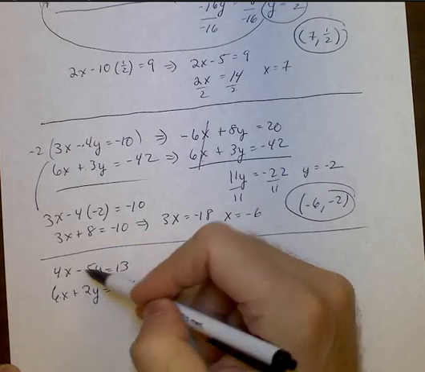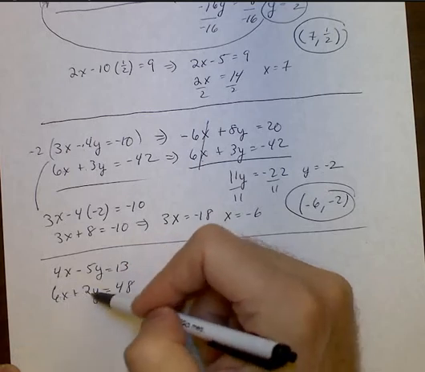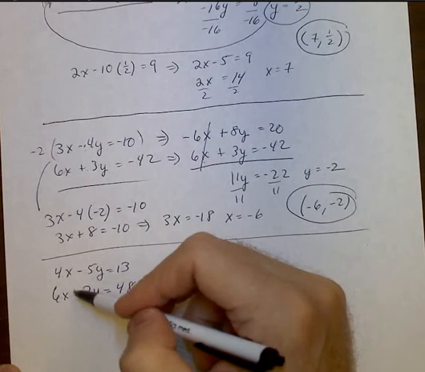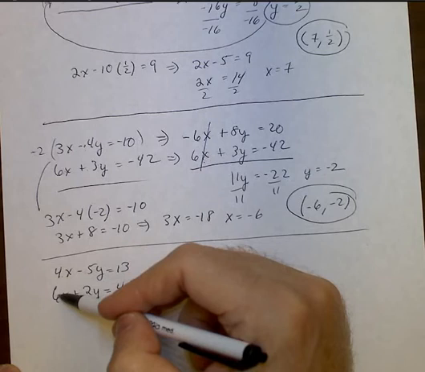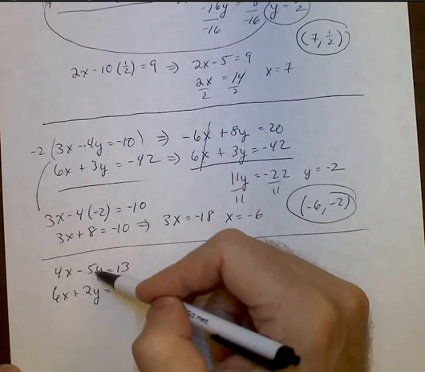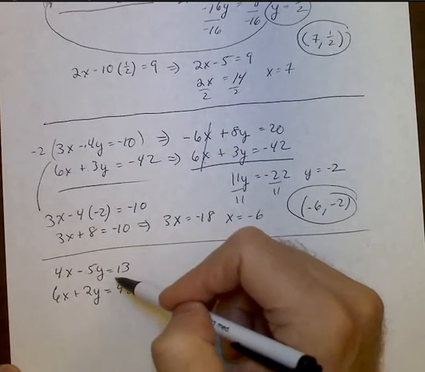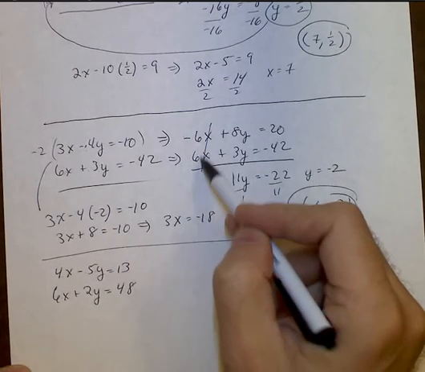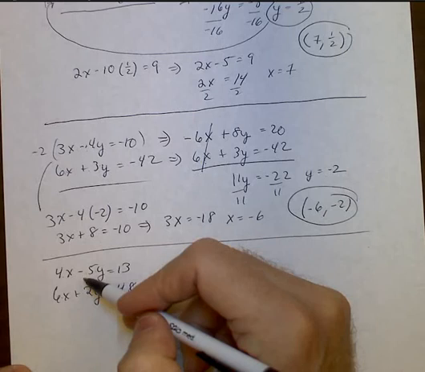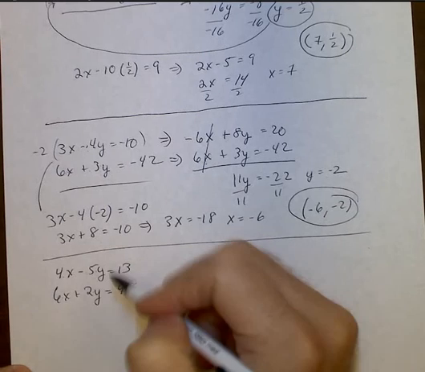Well, I can't just multiply one of these equations. There's nothing I can multiply the 4 by to get a 6, and I can't make a 5 be a 2. So I have to multiply both equations by different numbers in order to get the cross out. What I'm going to do is look at the x's. No, actually, let me do y's this time. I did x's on the first two.